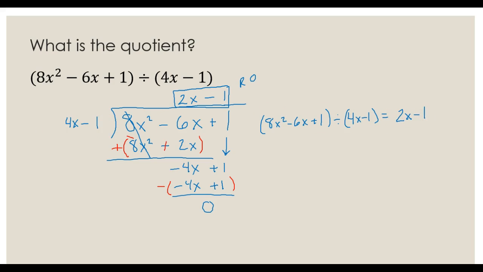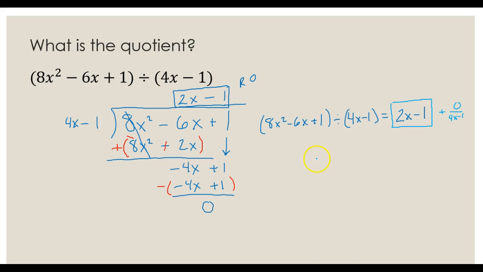Now, that's the whole answer for this one. If there had been a remainder, it would have been plus that remainder, in this case 0, divided by 4x minus 1. So just remember that that's a possibility. It didn't happen in this one.